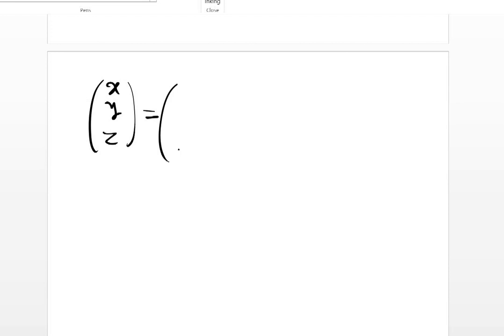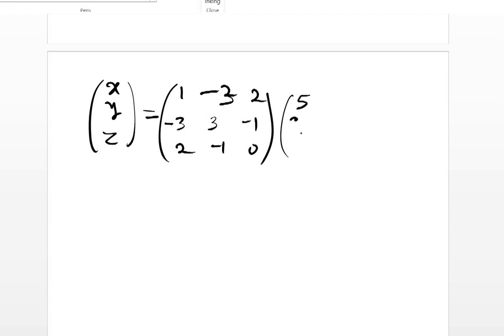So you take our inverse, which we obtained as 1 negative 3 2, negative 3 3 negative 1, 2 negative 1 0. I will multiply by that point 5 9 12. It gives us 1 times 5 plus negative 3 times 9 plus 2 times 12, which gives us 2.